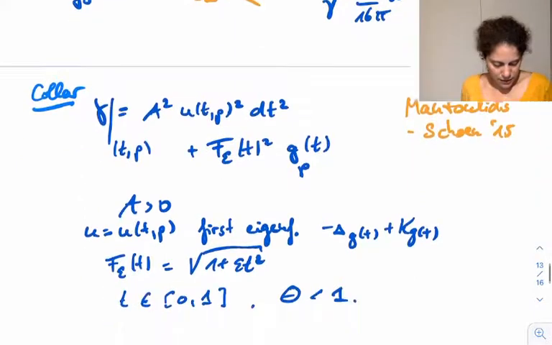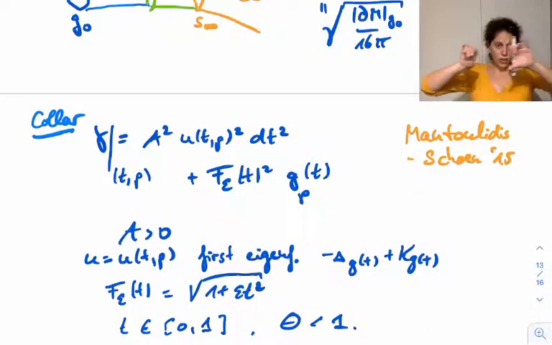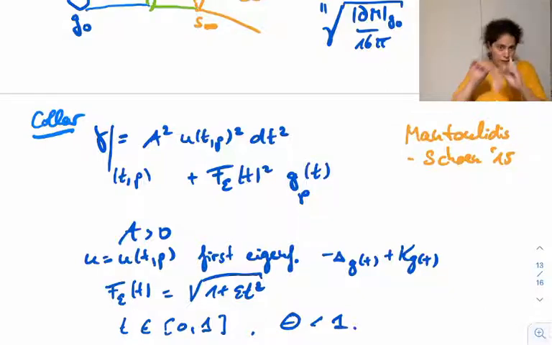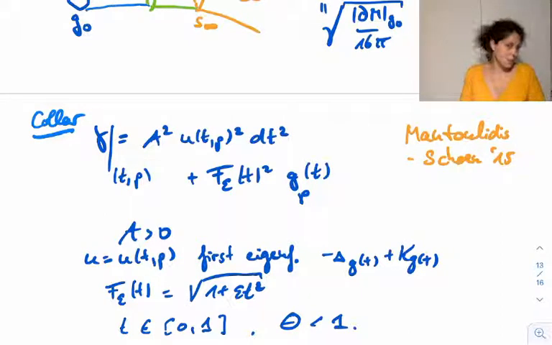Here again is the collar specification of the Mantoulidis-Schoen paper, where A is a positive parameter used to stretch up the collar so the scalar curvature becomes positive. We use the first eigenfunction of the operator involved here. f_epsilon is this radial profile that opens up what would otherwise just be a constant radial cylinder, and of course goes away as epsilon goes to 0. And t is a parameter between 0 and 1, and theta was a threshold less than 1, after which this family of metrics g(t), this flow of metrics, was round, so constant in t time.